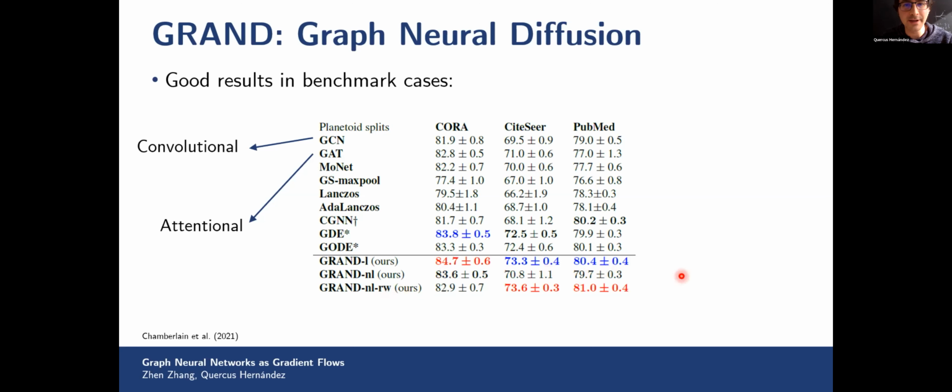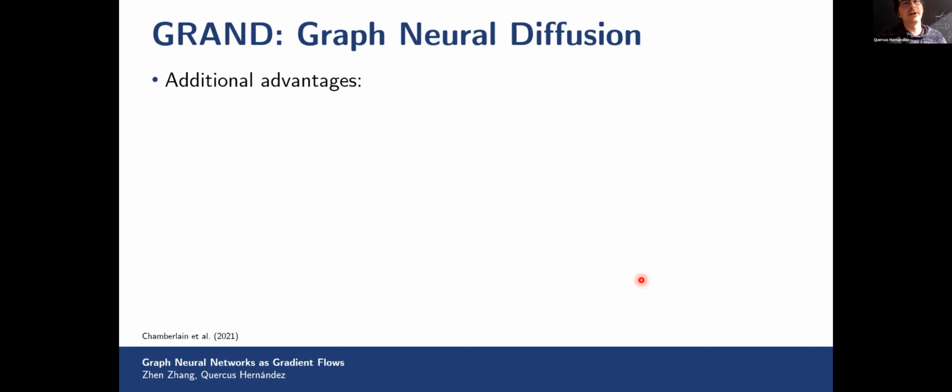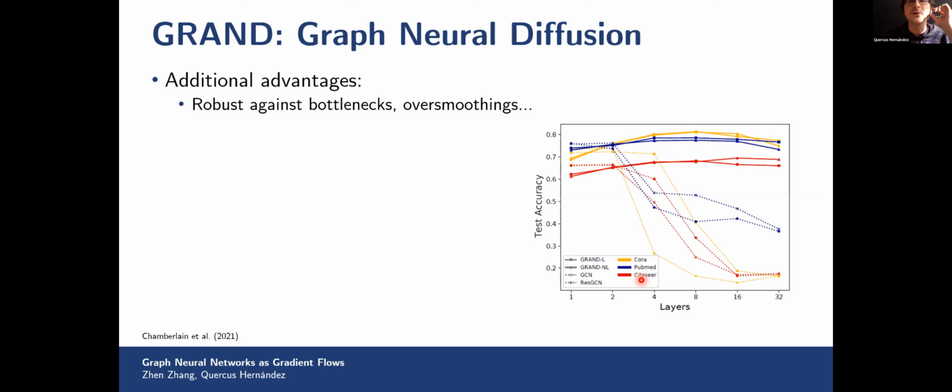Okay, so here they get some state-of-the-art results, and there are also additional advantages. They claim that it's robust against bottlenecks and over-smoothing. Bottlenecks means that if you have a very big graph and you have nodes of degree 1 or low degree nodes, the information won't flow as easily for those nodes, so you have bottlenecks inside your graph.